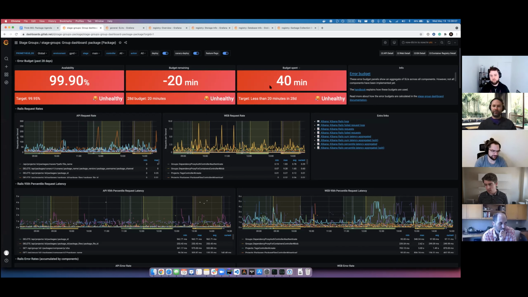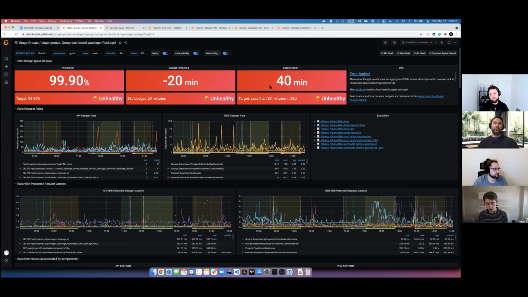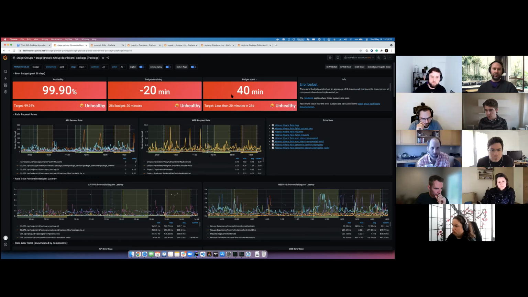One is the SLA, which is the service level availability, the percentage of time that a service is available. And then to measure the SLA, we have the SLIs, the service level indicators, and we use two at GitLab mainly, which are Apdex and error rate.